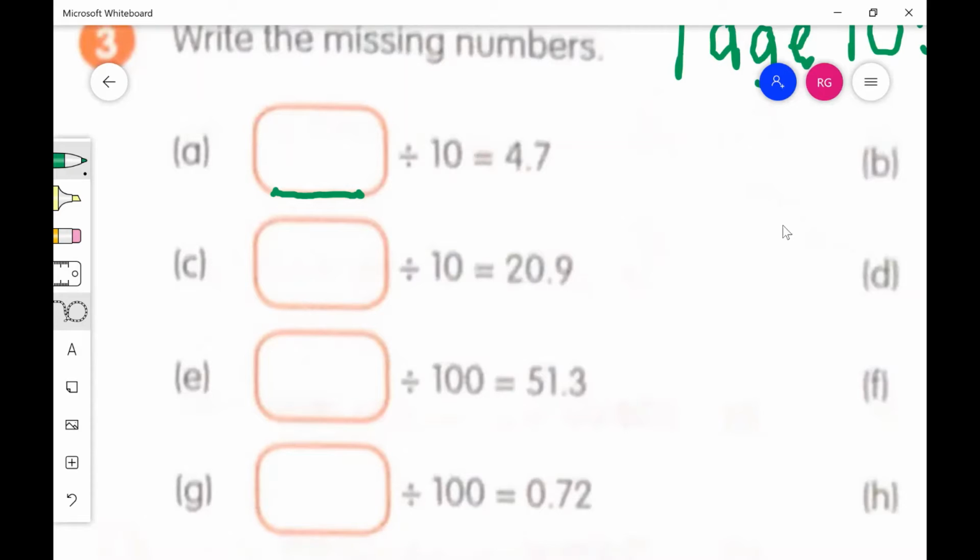So the number that goes here is going to be a number that is one place to the what? What do you think? We have 4.7 here if you can see the decimal. So what divided by 10? We kind of have to go the opposite direction. We can almost think 4.7 times 10, can't we, to get the answer? Isn't that right, guys?